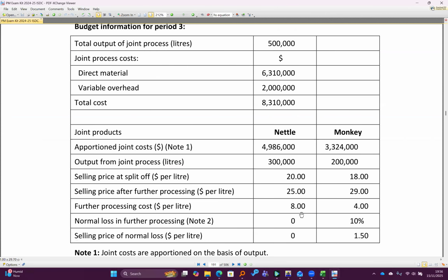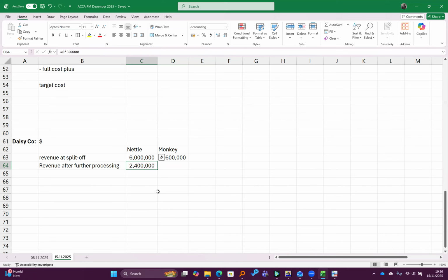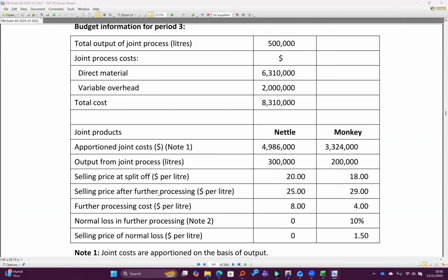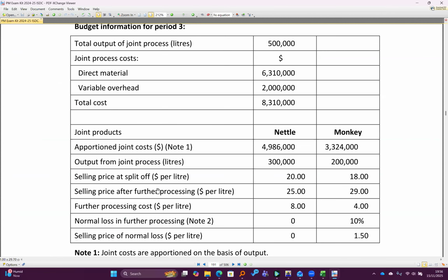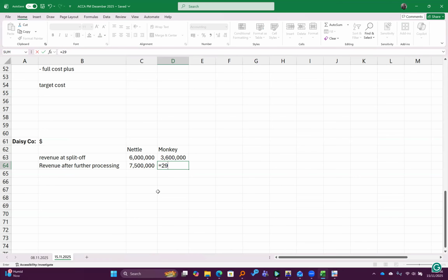No. 8 is the further processing cost. I'm supposed to use 25. 25 multiplied by 100,000. And here, 29 is 200,000.